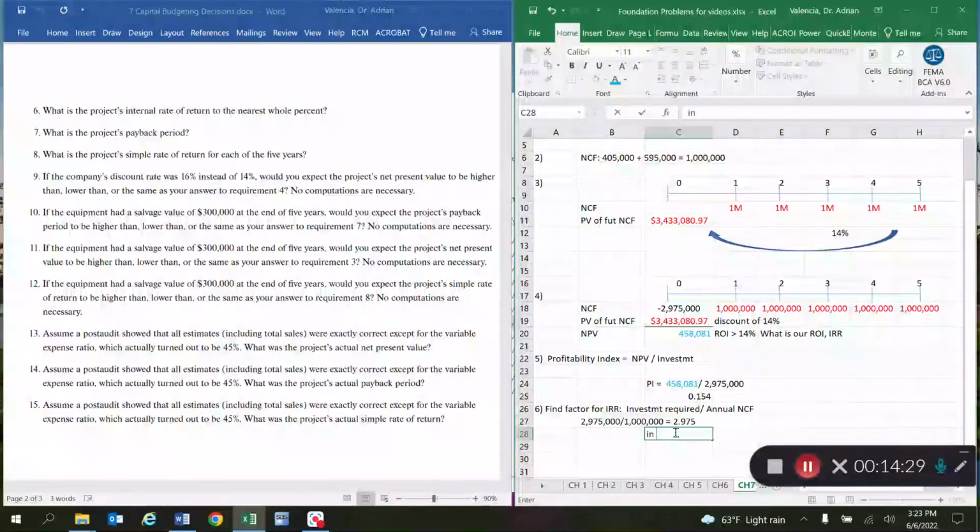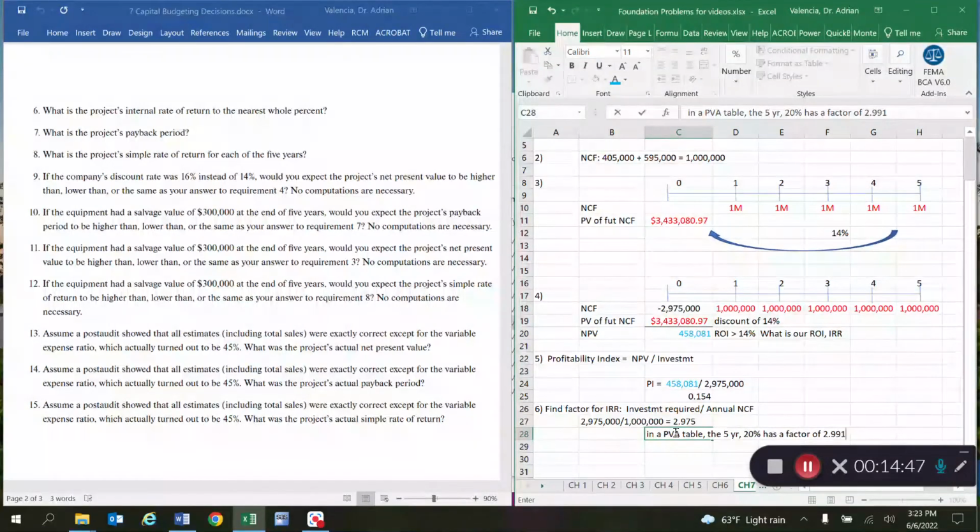So in a present value of an annuity table, the 5-year 20% column has a factor of 2.991.